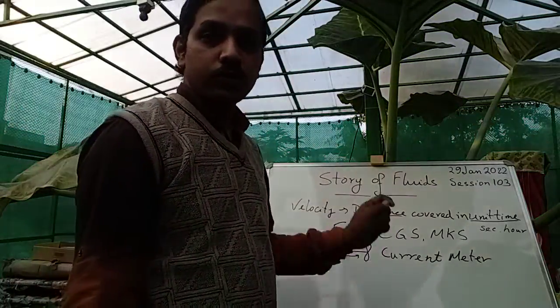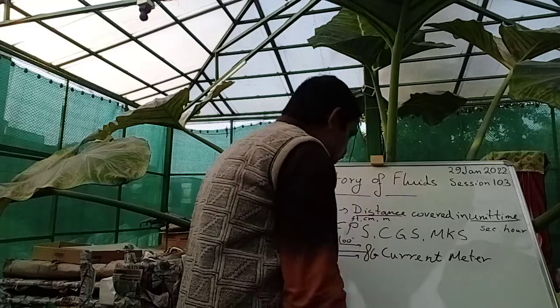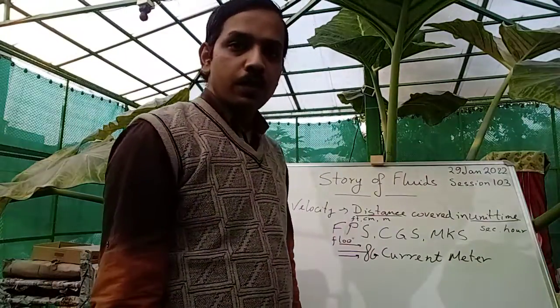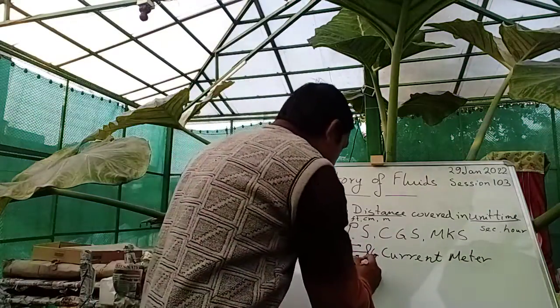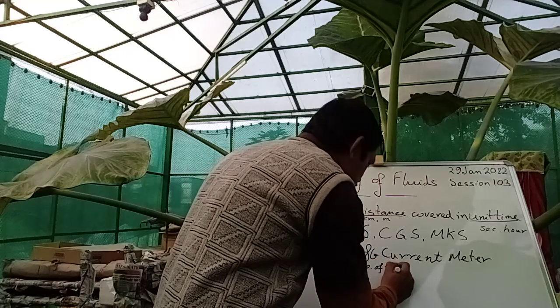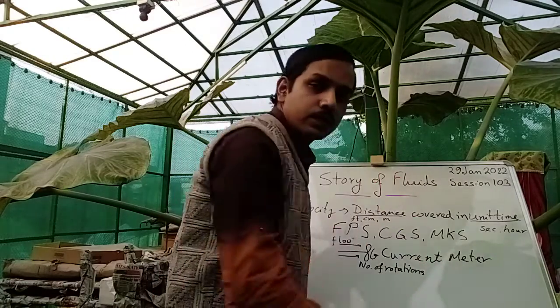That should translate into the circular motion of the propeller. When it translates into circular motion, the number of rotations will give you the velocity.